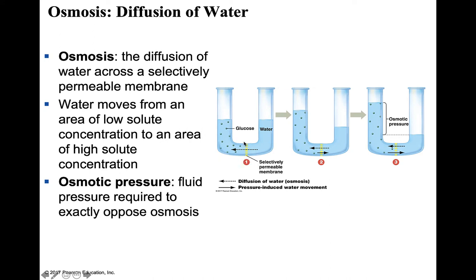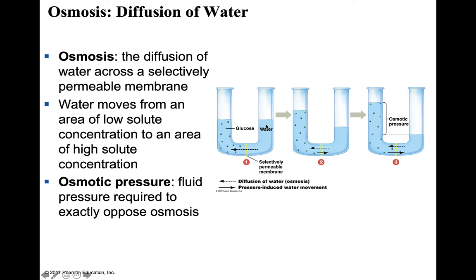So in the middle, I have a selectively permeable membrane. Now glucose is too big, so it can't move through, okay? Otherwise, we would see it diffuse through, and there would be glucose particles here, but that's not the case. So I've got glucose here, and it's too big to get through this selectively permeable membrane, and here's my water.